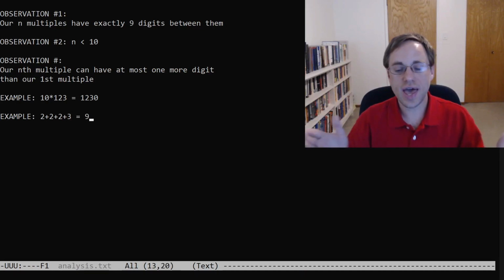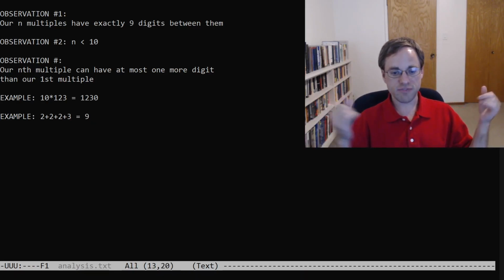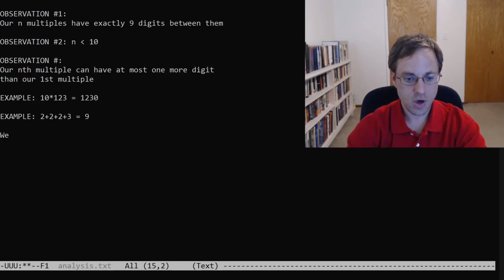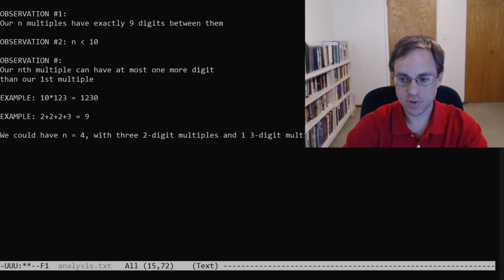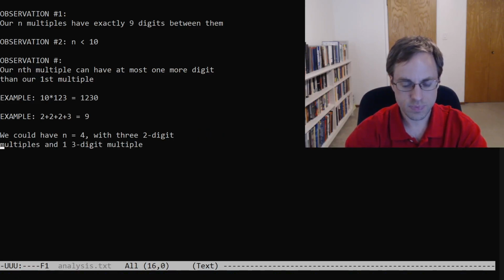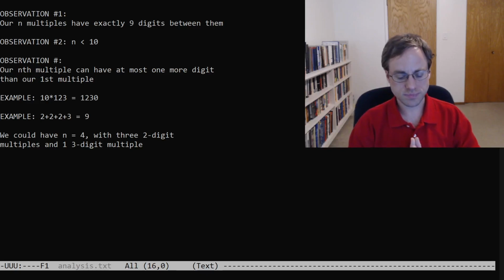And so we could have n equals 4 with 3 2-digit multiples and 1 3-digit multiple, as one possibility.